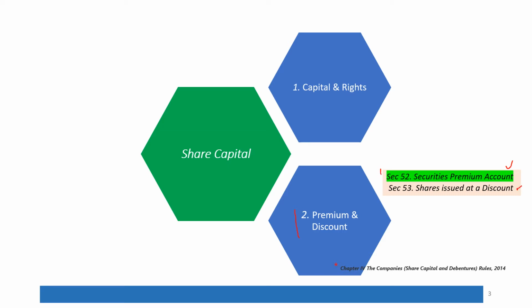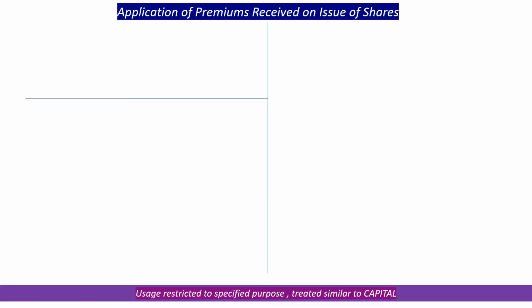We will be taking up the share premium account, wherein the company will be making use of the share premium received on issue of shares for authorized purposes. Application of premium received on issue of shares.